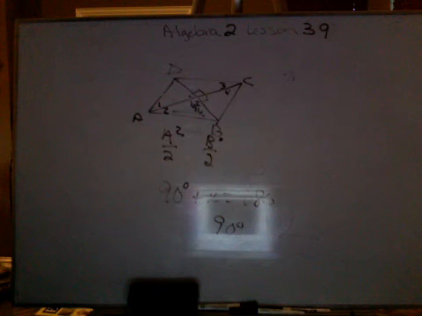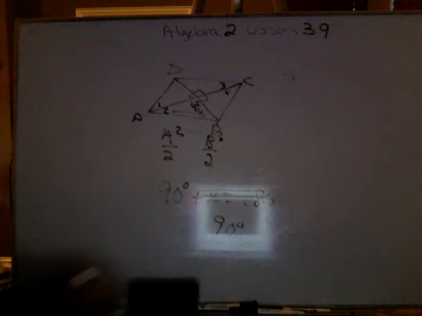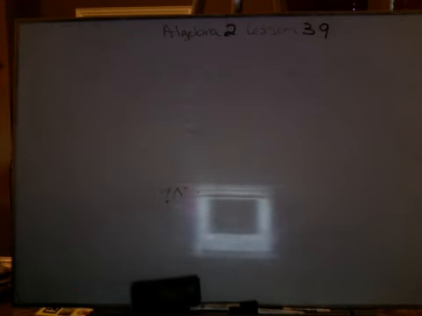So let's do one example. Example 39.3. It says, in this rhombus, the measure of the reflex angle is 280 degrees. Find A, X, B, K, and C. The sum of 280, X, and A equals 360.